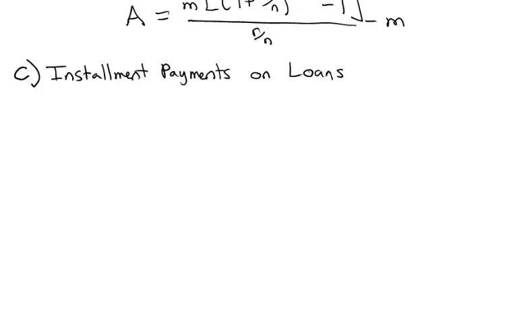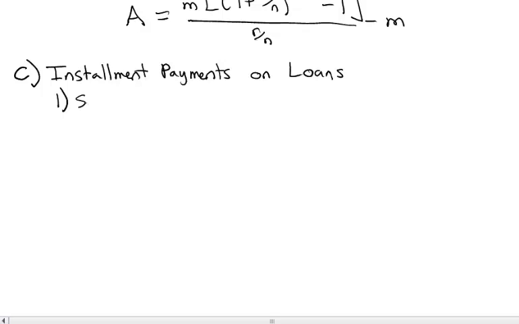So if you're making payments on a loan, interest is being added, your payment is being subtracted. You see how that's similar to an annuity? In an annuity, you earn your payment and the interest. With the loan, the interest is added, the payment is subtracted, and hopefully you're going down towards 0 on your loans.